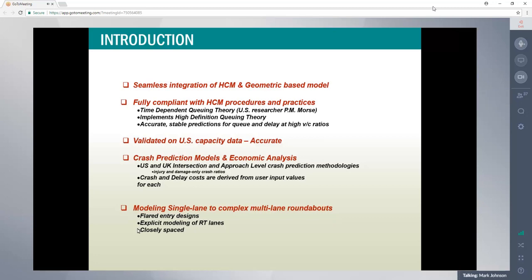Rodel, the geometric model allows for modeling single lane to complex roundabouts, flared entry designs, as well as explicit modeling of right turn lanes in closely spaced intersections.